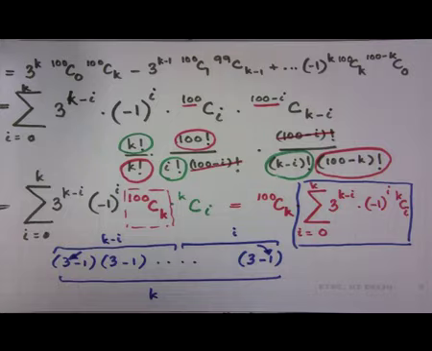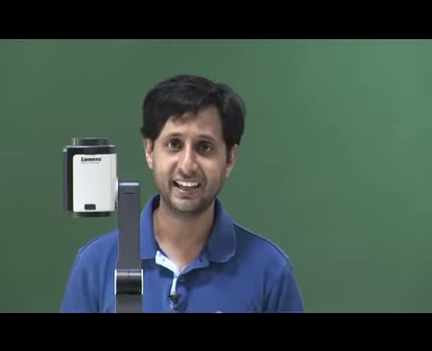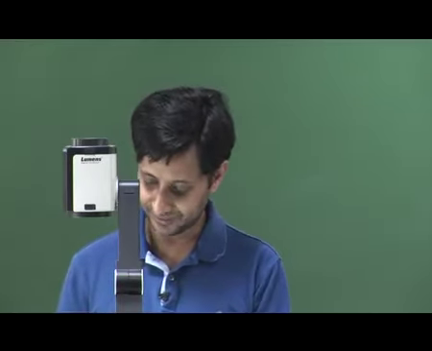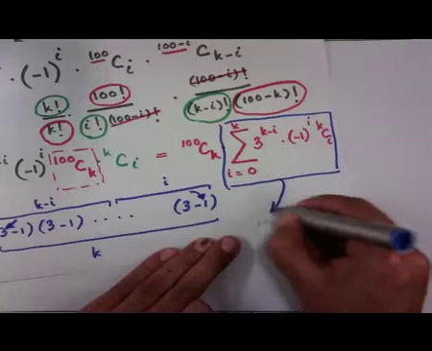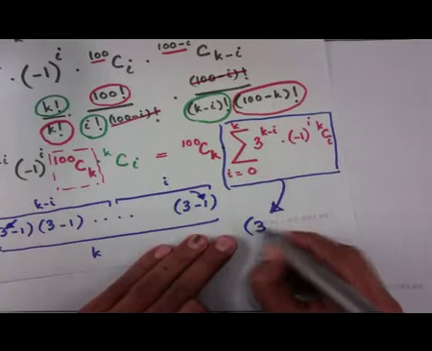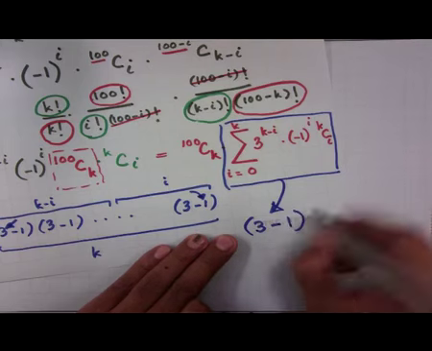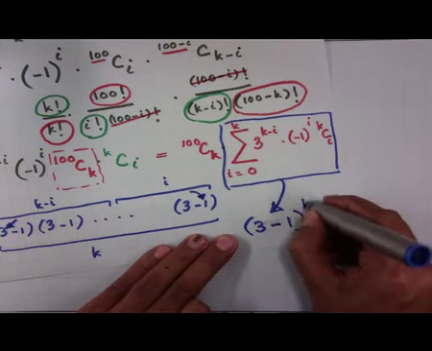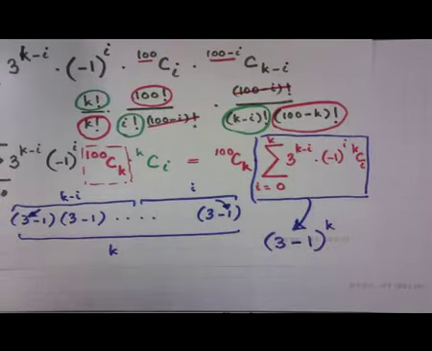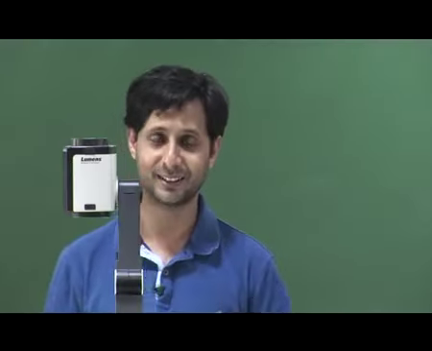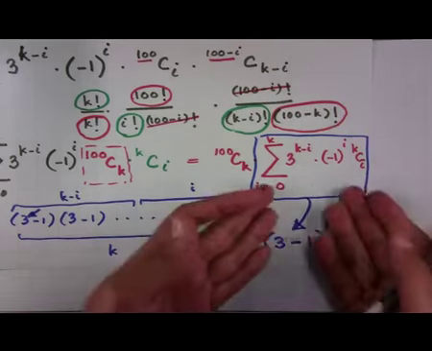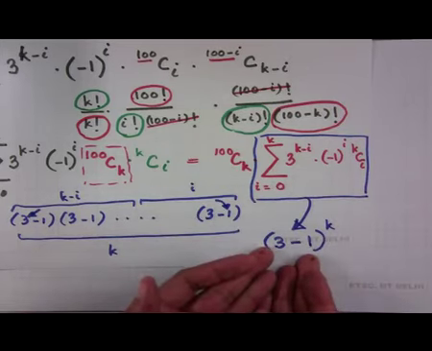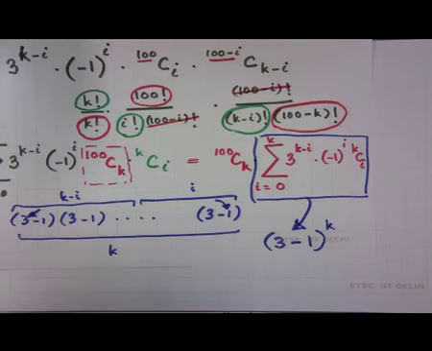And then how many ways to do this? That is k C i, and therefore, this entire thing boils down to 3 minus 1 whole to the power k. Okay. So, you need to be able to make this deduction, look at this and figure out that this is 3 minus 1 whole to the power k indeed.